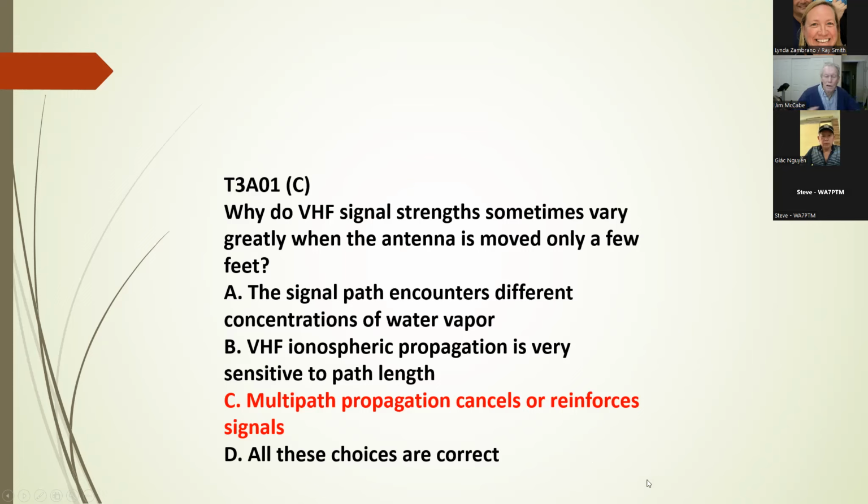If you've got all these multipaths coming together and you reorient yourself slightly, you get a much stronger signal. Water vapor is not it at this frequency, and we're not going into the ionosphere generally on these, so multipath is the answer.